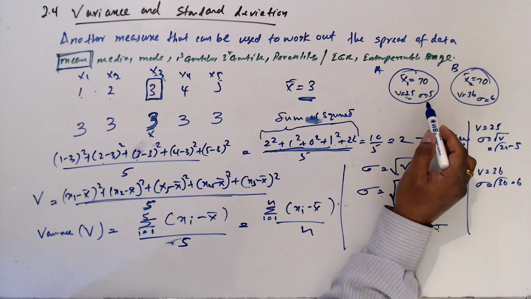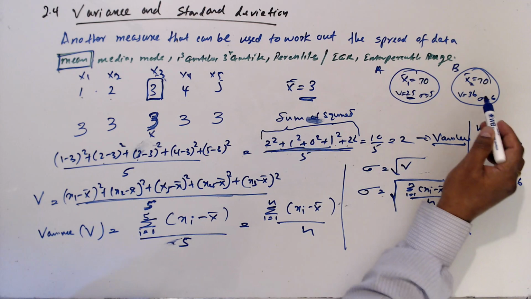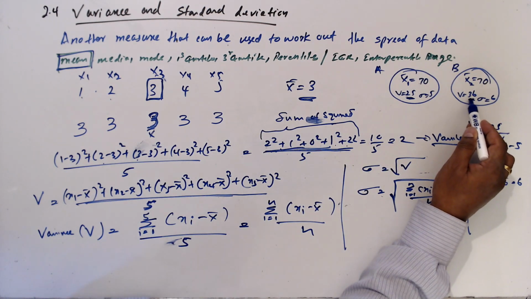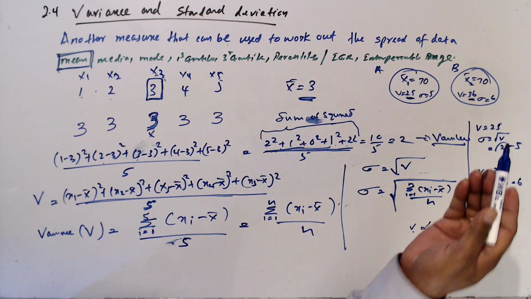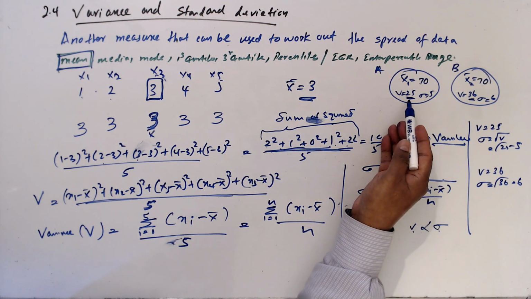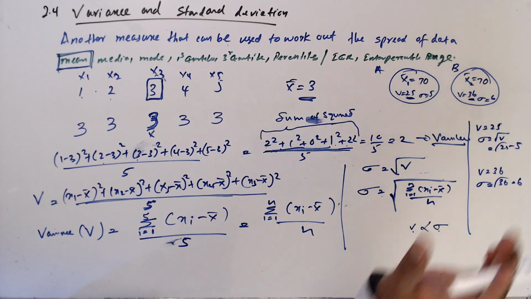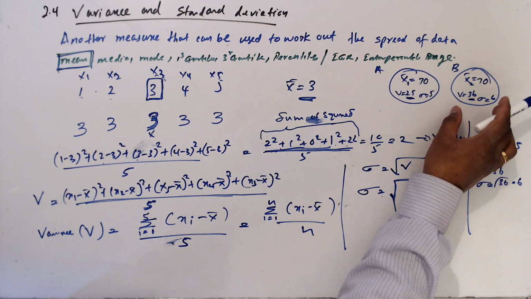So A is telling that the variance is 25, and B is telling my variance is 36. Then which one is more reliable? The reliable one is this one because the variance is little. This is high variance, very high.